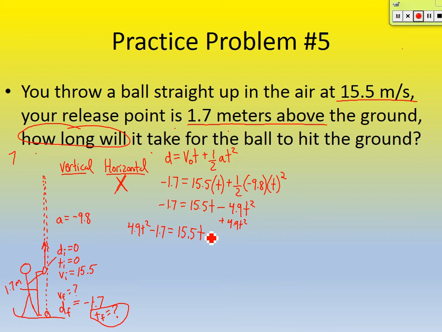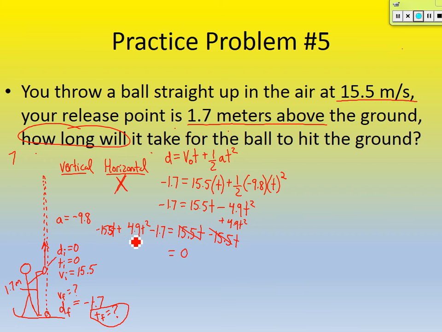And with the quadratic equation, I'd like to get all of these terms on one side and set it equal to 0. So how do we get this other term, this 15.5t, onto the other side? The answer to that is subtract 15.5t on both sides. And then that will equal 0 on this side because that cancels out.